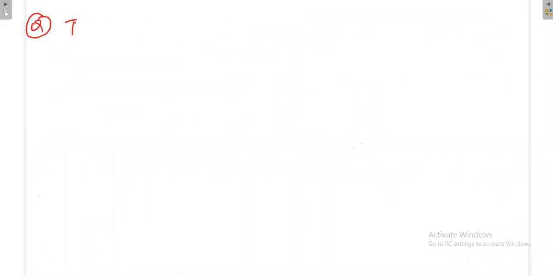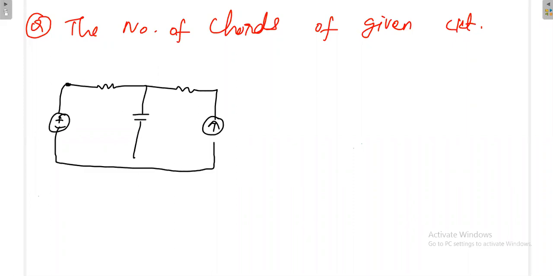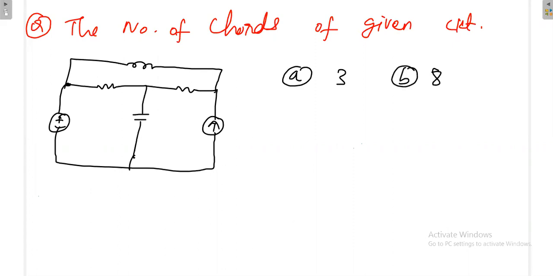The number of chords of the given circuit. The circuit is given like this. Option A 3, B 8, C 5, D 6.